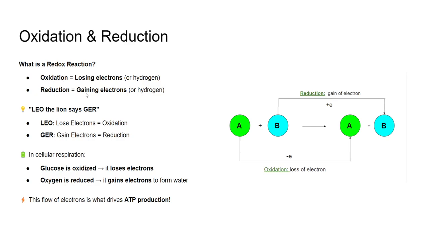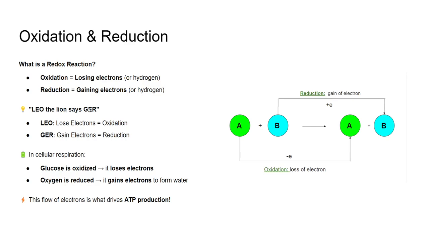In terms of reduction, if we're gaining electrons, we're becoming more negative, so we're becoming smaller. And in terms of oxidation, if we're losing electrons, we're becoming more positive, we're losing that hydrogen, so we're becoming a little bigger.